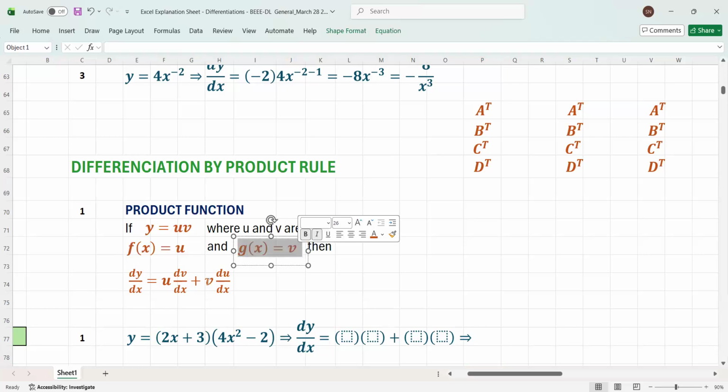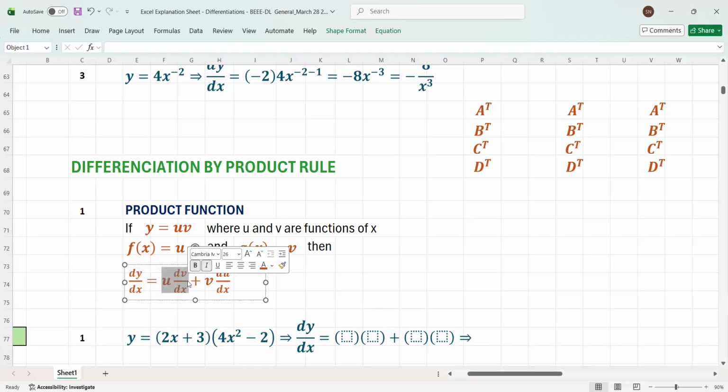Now, the product rule says that you keep one of the functions constant and differentiate the other. So keep u constant and differentiate v, plus you keep v constant and differentiate u. I don't know whether you follow.